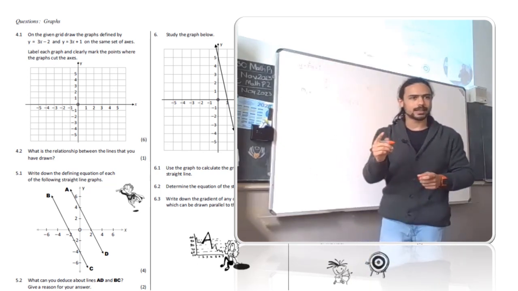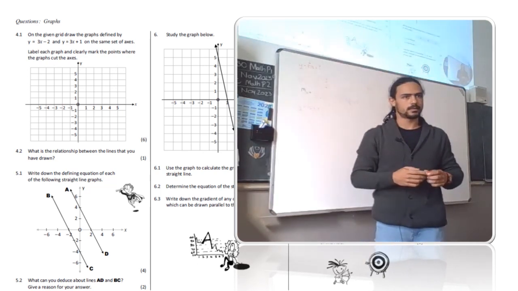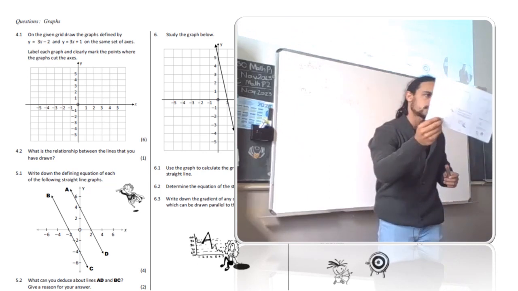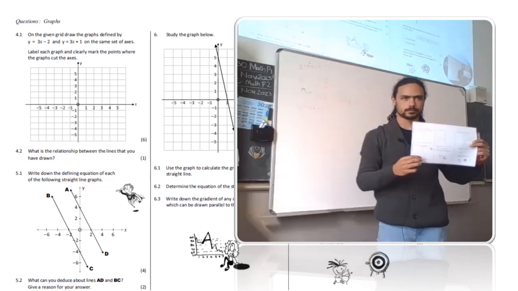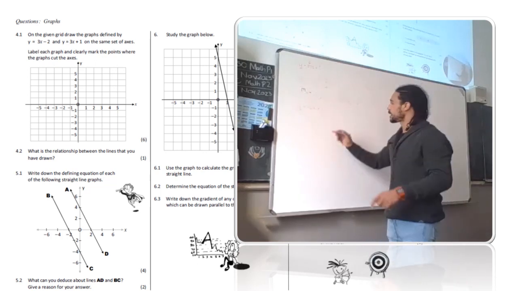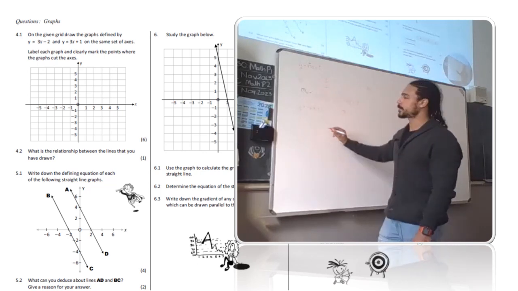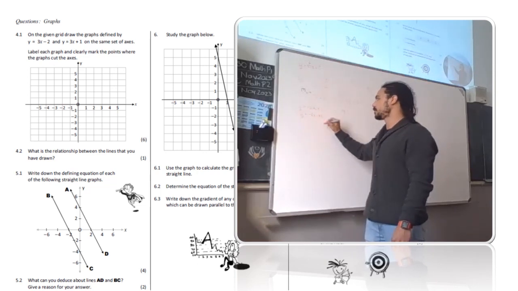So where does line AD cut the y-axis? Check on your page. Plus 4. So that means the c value is equals to plus 4. Now I can write down y is equals to negative 2x plus 4.